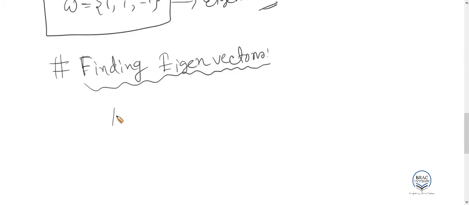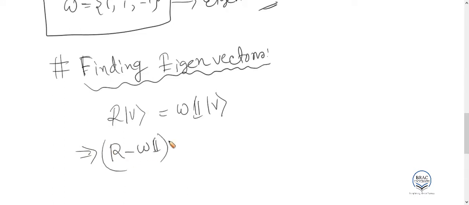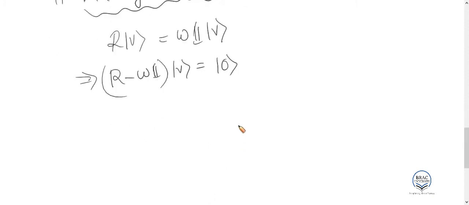So again, write down the eigenvalue equation. And then you can write it as R minus omega identity with v equals the null vector. And here now we can go on to this explicit representation.